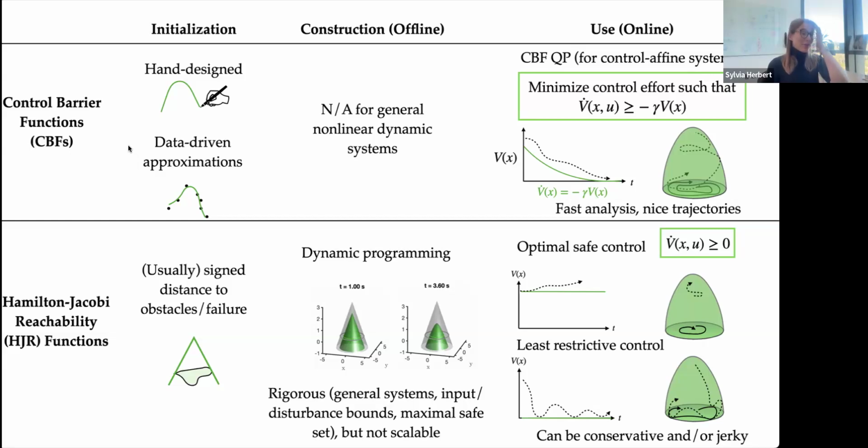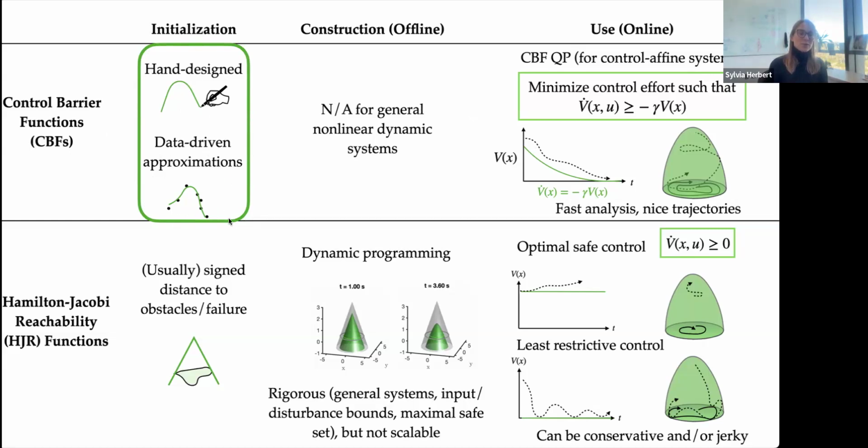So what we did for that ONR YIP that Karen mentioned was ask if we can just smush these together. Can you take advantage of the good things of each approach? Can we start with all of this work that people have done for coming up with good control barrier functions for either specific case scenarios or data-driven approximations?